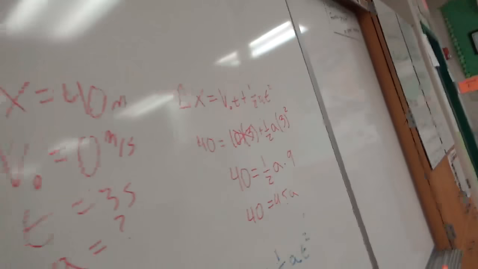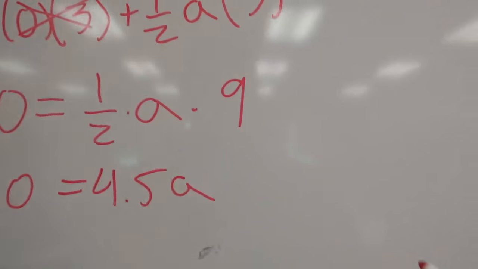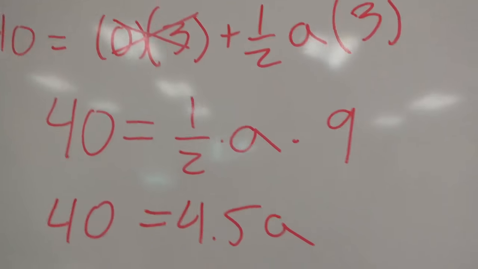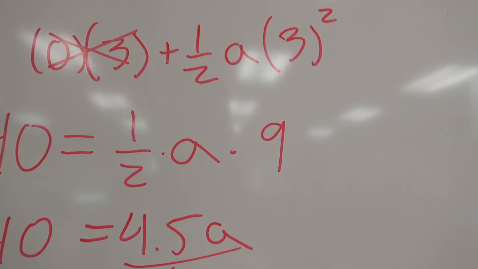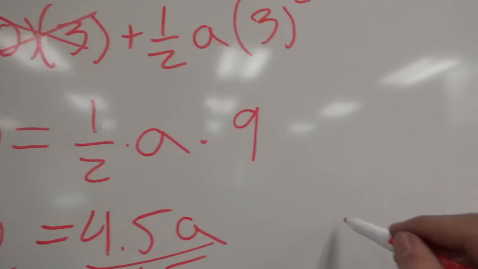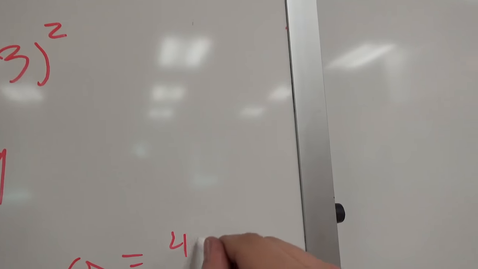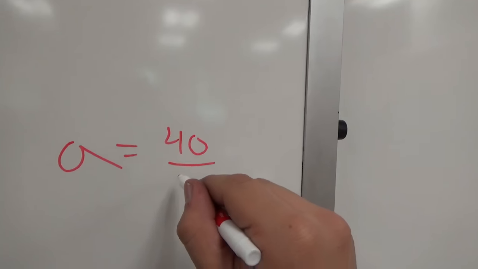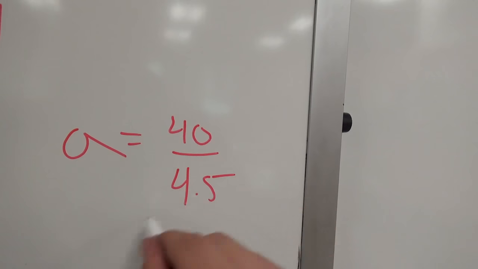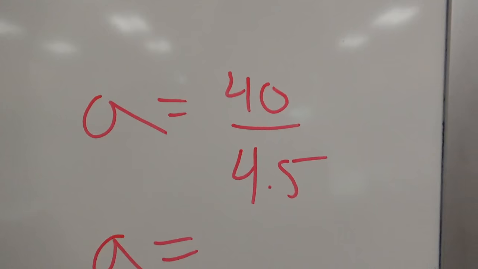And then if I look at my stuff, because I did this beforehand, if I plug it in, we need to divide both sides by 4.5, so the acceleration is 40 divided by 4.5.